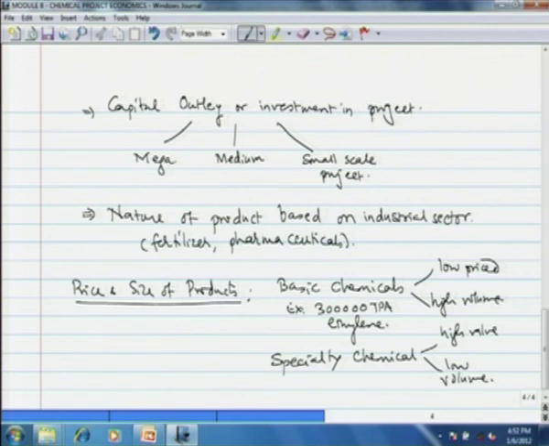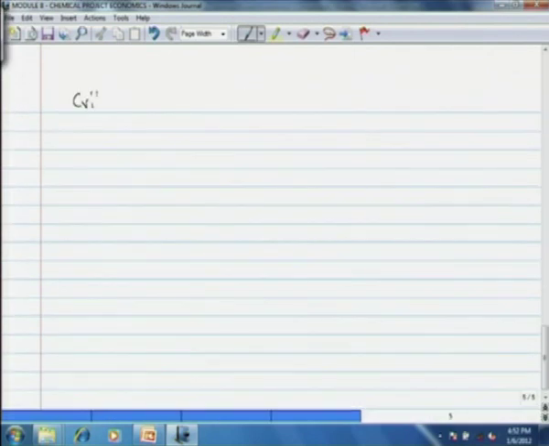Then the criteria of industrial sector. Now, industrial sector could be grouped in several broad industries. So, you can group industry into several sectors, for example, petroleum refining is one sector.